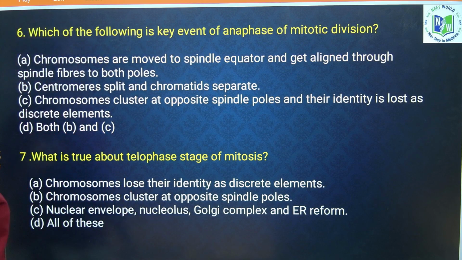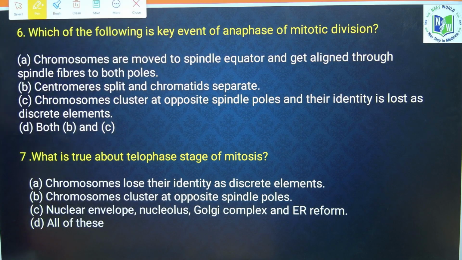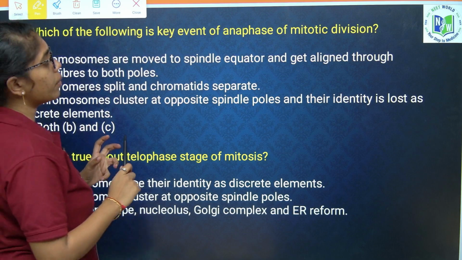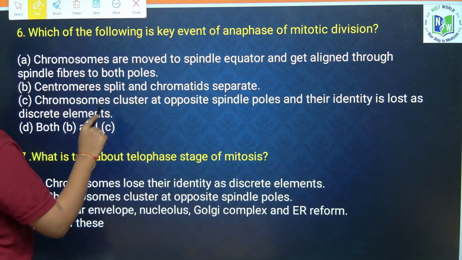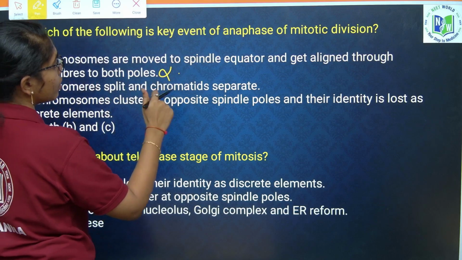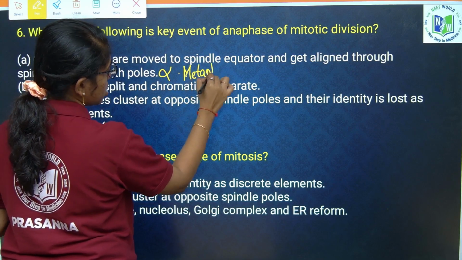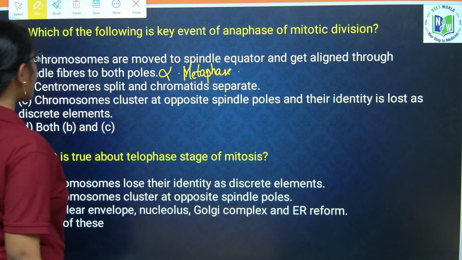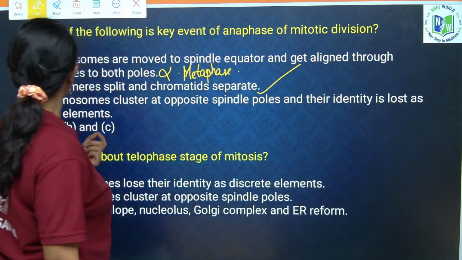Next, which of the following is the key event of anaphase of mitotic division? Chromosomes are moved to the spindle equator and get aligned through spindle fibers to both poles. Wrong. This happens during metaphase. Centromeres split and chromatids separate. Correct.